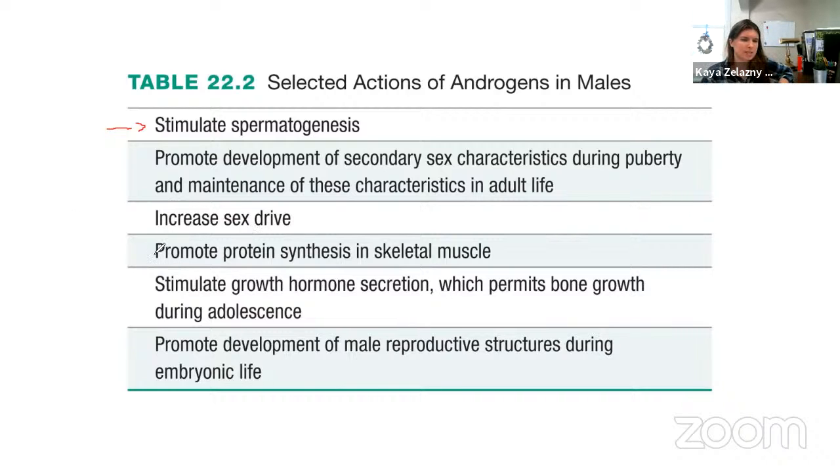They promote protein synthesis in skeletal muscle, which is one of the reasons that males are generally more muscular than females. They also stimulate the secretion of growth hormone, which allows for growth spurts and bone growth in adolescence. And then, as we've covered, they promote the development of the male reproductive structures in the first place during embryonic life.